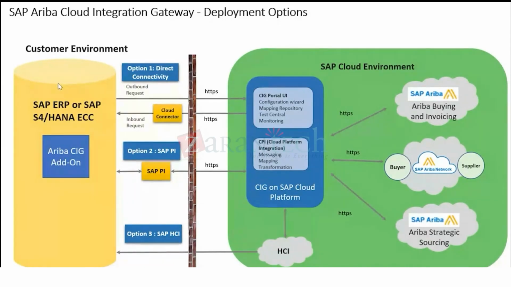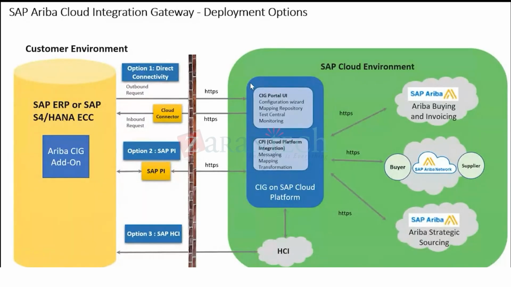So the first deployment option that we say is direct connectivity. In that case, you have your backend system in the client landscape, and that will be an on-premise system, or you can also use an on-cloud system. But yeah, that will be the customer system, and in between you have only Cloud Integration Gateway that will come into the picture, and this solution, Cloud Integration Gateway, will integrate this ERP system to the Ariba solution, be it buying, sourcing, or procurement.